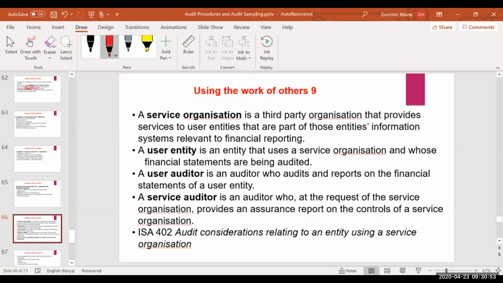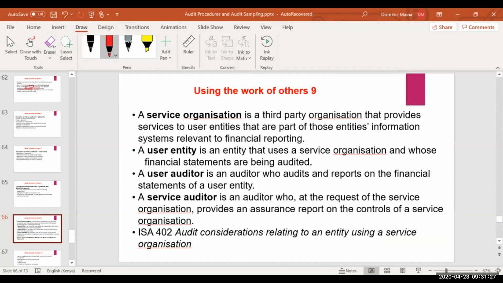So if Strathmore hired G4S to assist it in preparing its payroll, G4S becomes the service organization, and the auditor of G4S is called the service auditor. And you, as the auditor of Strathmore, as KPMG, may want to get in touch with the auditor of G4S, the service organization.